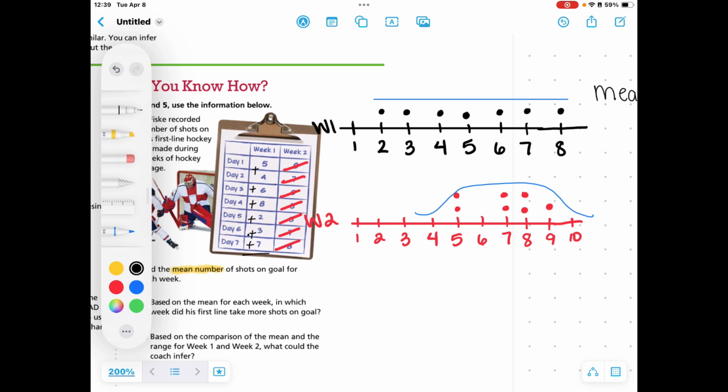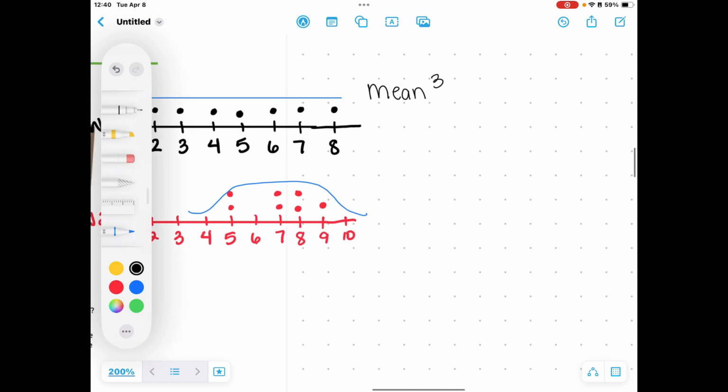And then we will divide by the 7 days total. So let's just add first. 5 plus 4 plus 6 plus 8 plus 2 plus 3 plus 7. All that is going to give me a 35 divided by 7 for the 7 days. It's just going to give me a 5 total.